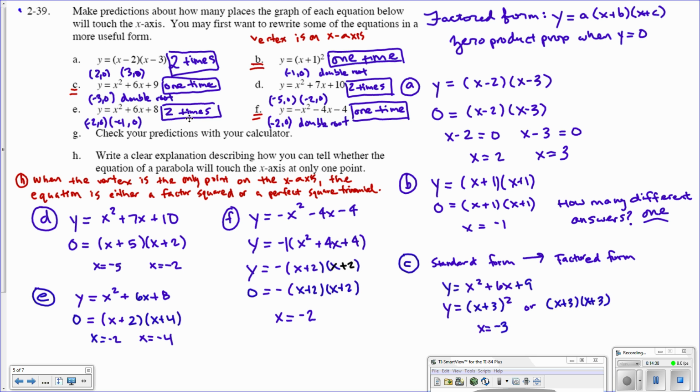Basically, we're looking for when we have multiple factors, we have multiple x-intercepts.